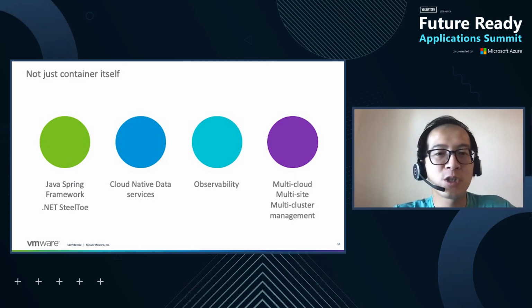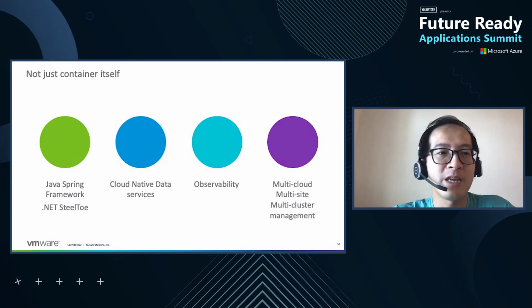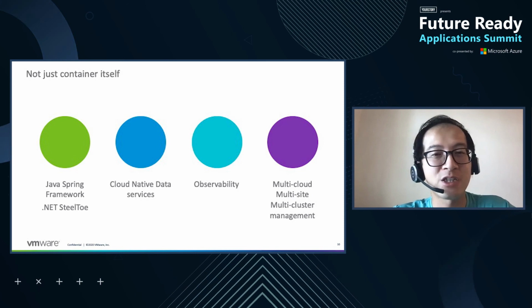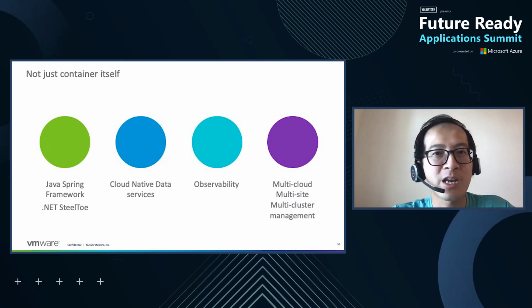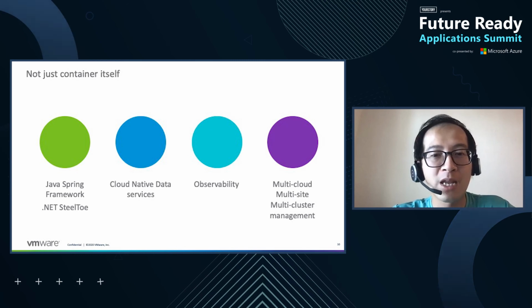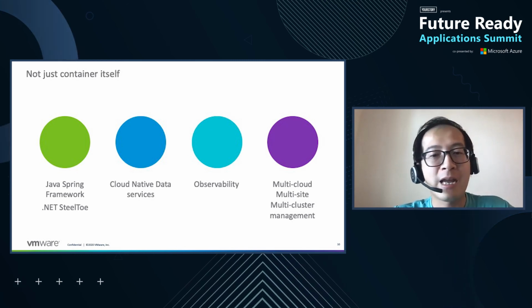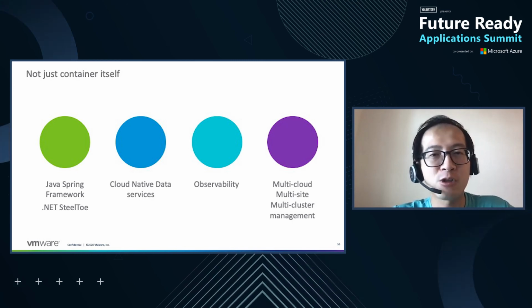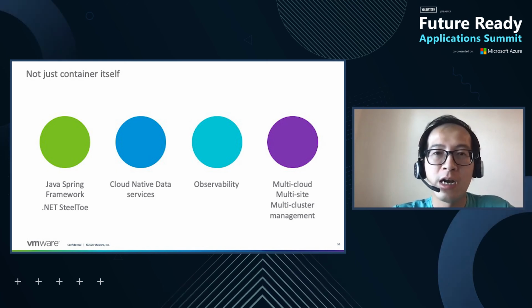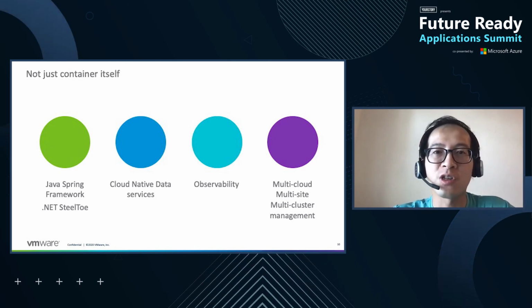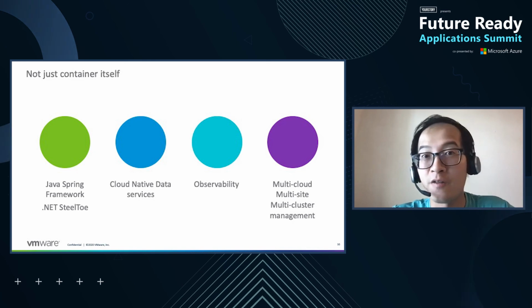And obviously, the industry de facto standard suggests 12-factor apps, where you should save your application state not locally but externally, and therefore you have to find a place to store your data. So a cloud native data service should be used so that you can leverage the benefit of the cloud.